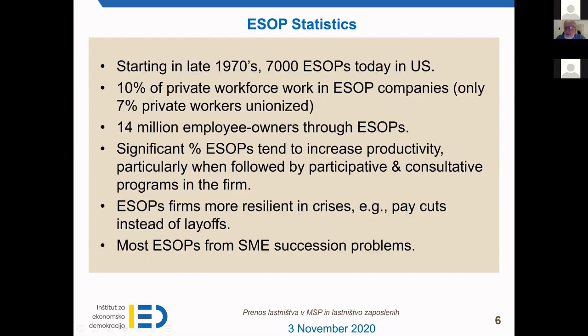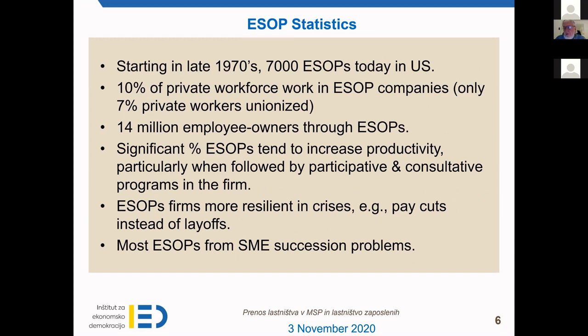The statistics, starting in the late 70s: there are about 7,000 ESOPs across the country, but the more impressive statistic is that 10% of the private workforce work in companies that have ESOPs. When you compare that to the unionized, only 7% of the private workforce is unionized in the United States.